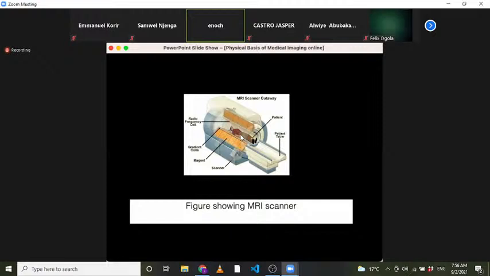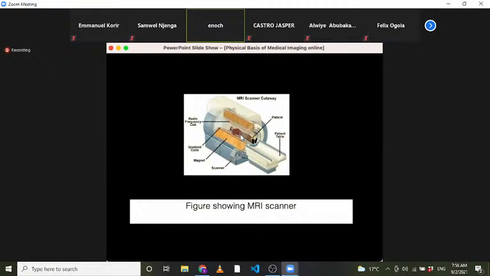Now for the T1, because we have placed the subject in the external magnetic field, the hydrogen nuclei within the part that one is interested to image align themselves parallel or anti-parallel. So we have longitudinal magnetization. It had reduced when the RF field was applied, and when the RF field is switched off, it starts to regrow.